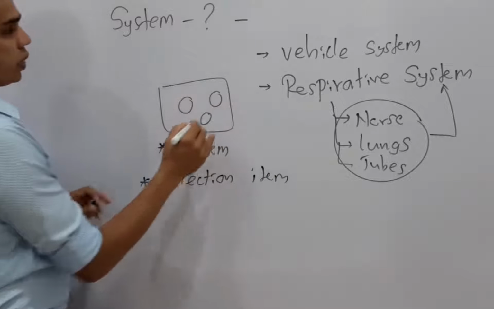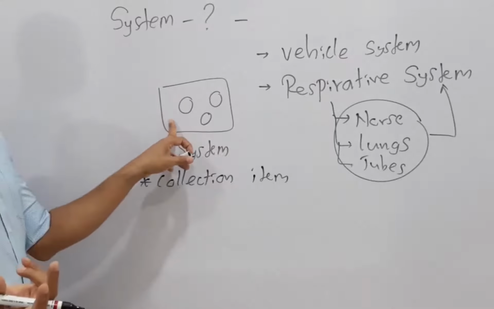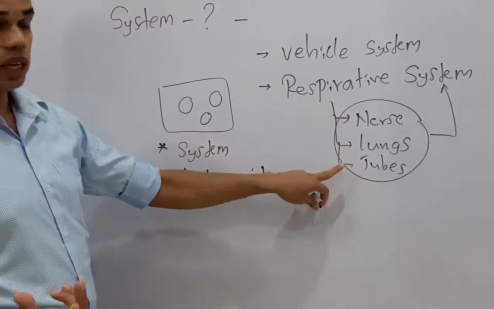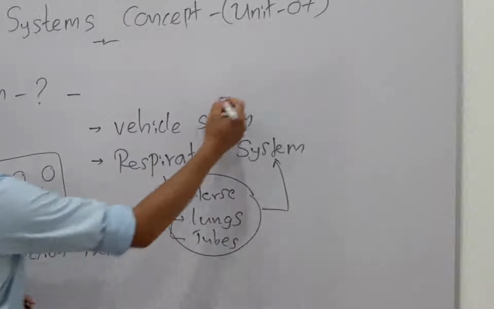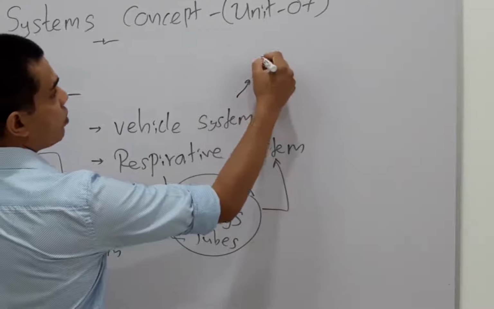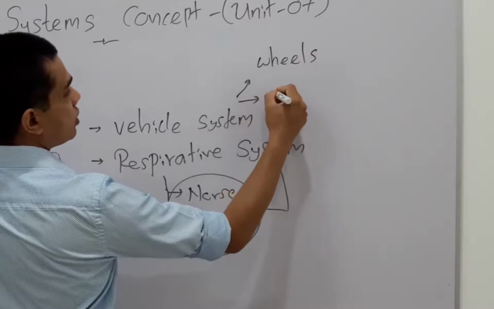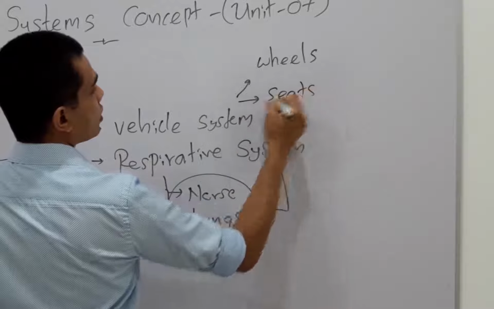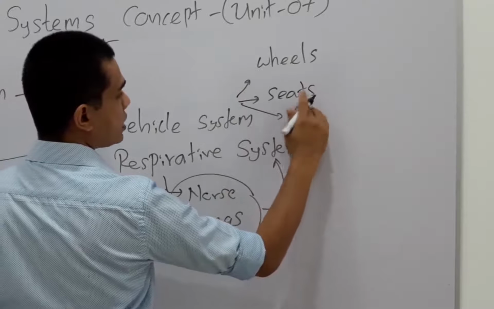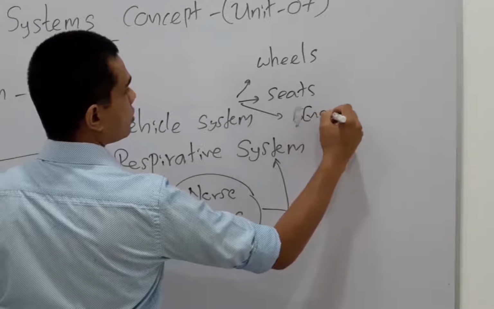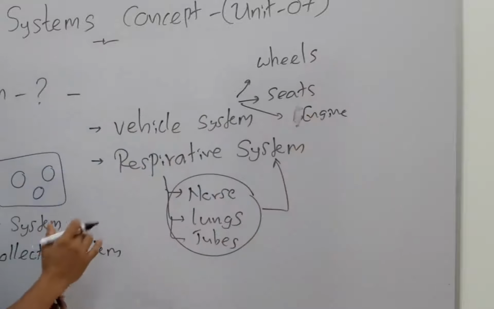Some items we don't know, it depends on the system. Again, if I go to the vehicle system, normally a vehicle system is made up of wheels, the basics. Also, it has seats. It has the engine. So these are components of the vehicle.